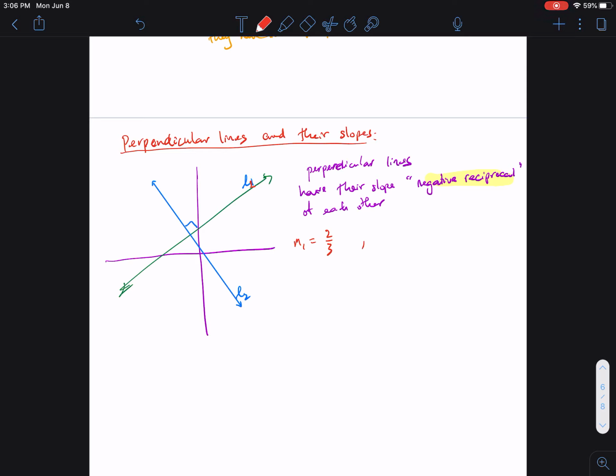Then if line 2 is perpendicular, M2, the slope for line 2, is going to be the negative reciprocal of that. So it's going to be negative, and the reciprocal of that is just 3/2.